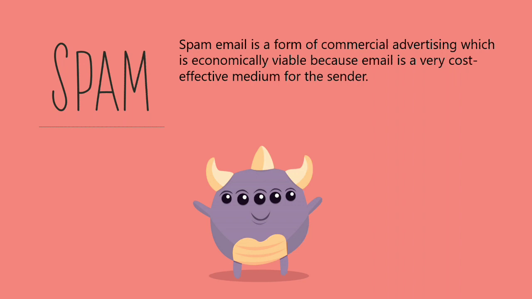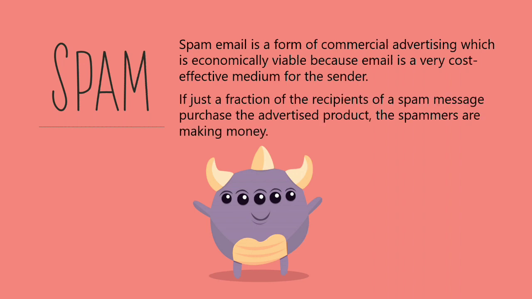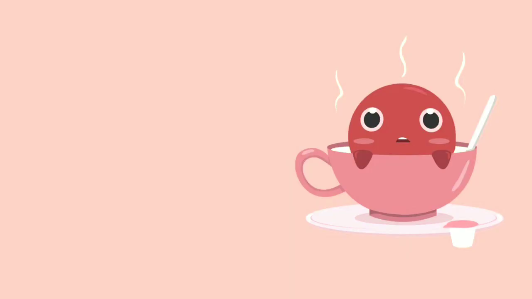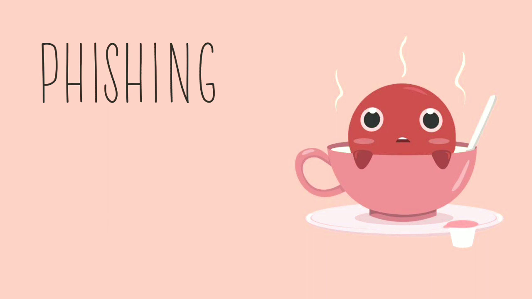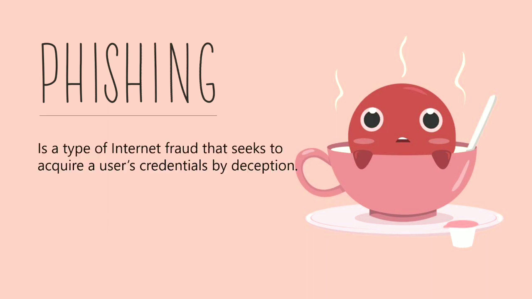You can have pictures, images, and other documents attached to it. You can have a 10-pager letter in your email. Now, if just a fraction of the recipients of a spam message purchase the advertised product, the spammers are making money. Another internet threat that you might encounter is what we call phishing.